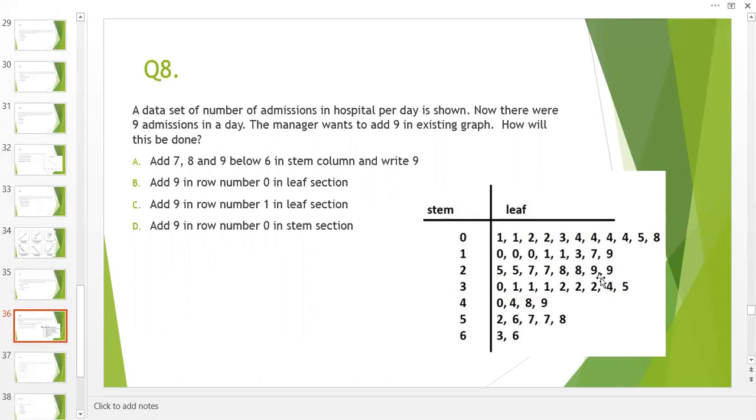Add 7, 8, 9, and 6 in the stem column and write 9. Yes, the correct answer is B, because in a stem and leaf diagram, the stem is taken here. So in 9, the stem is 0, and we will add the 9 in the leaf after 8.